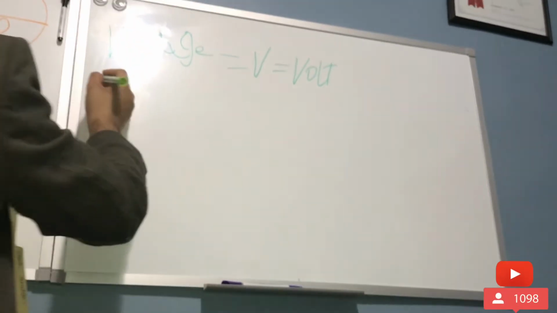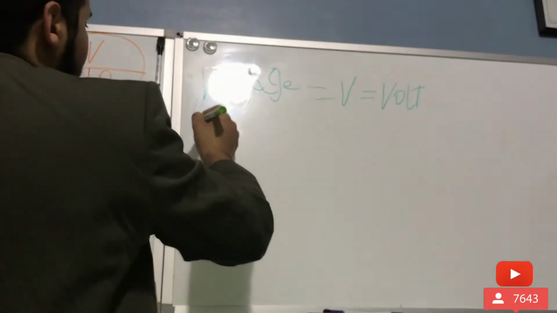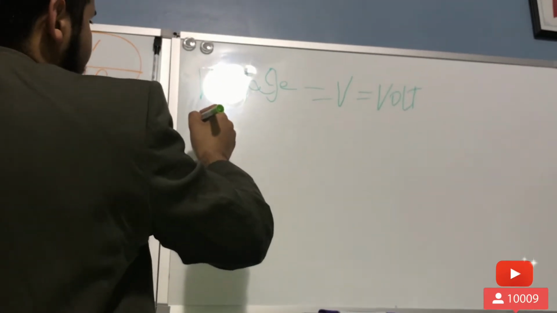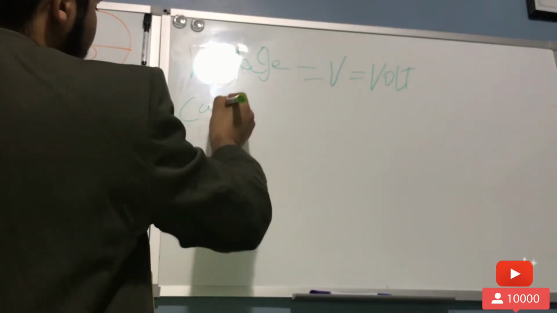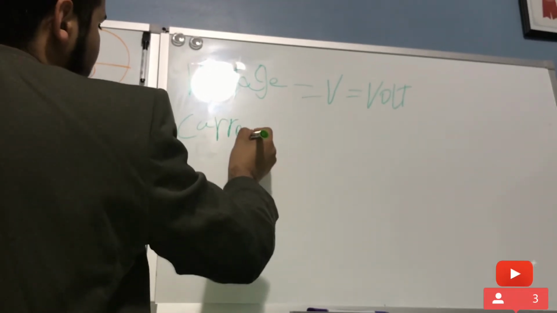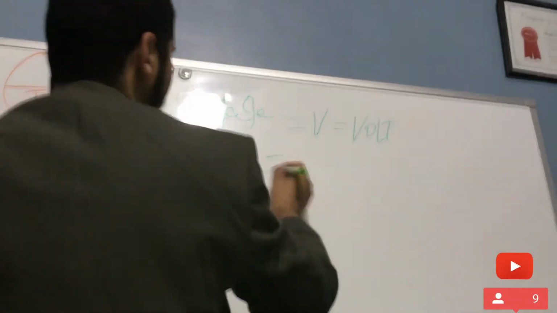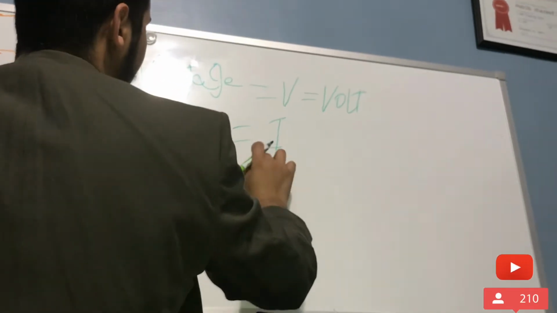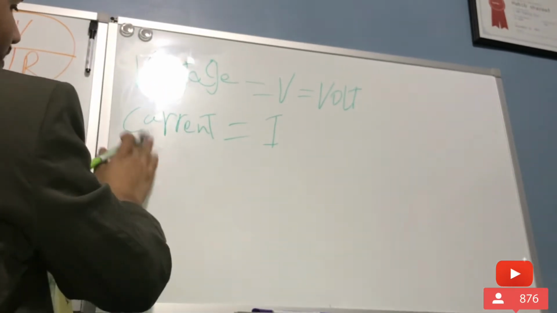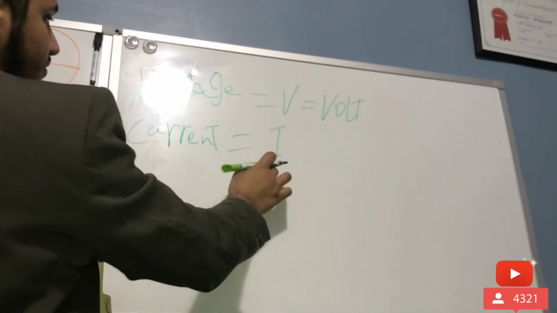And we have here the current. Let's do the current. The current is I. The letter for the current is I, as I told you.